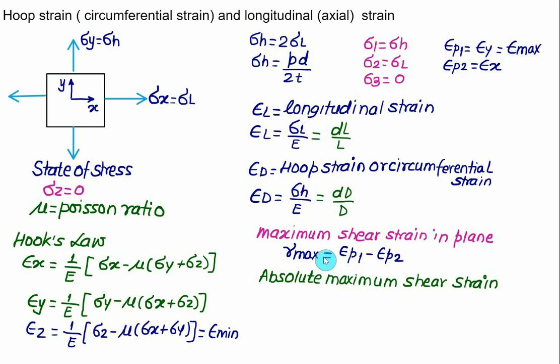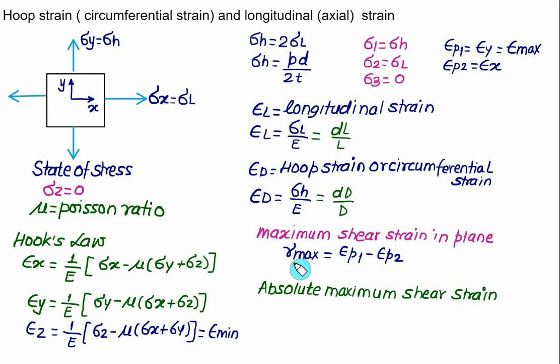So if you know the maximum value and the minimum value, then you can calculate the maximum absolute shear strain. Basically the earlier value is the maximum shear strain in plane. And if you want to calculate the maximum absolute, that will be the difference between the maximum strain and the minimum strain. Maximum strain here is given by epsilon y, and the minimum strain is given by epsilon z.